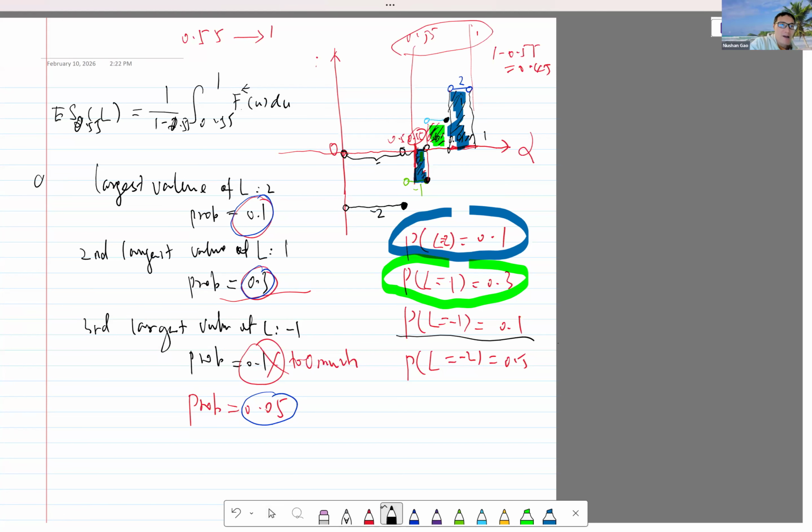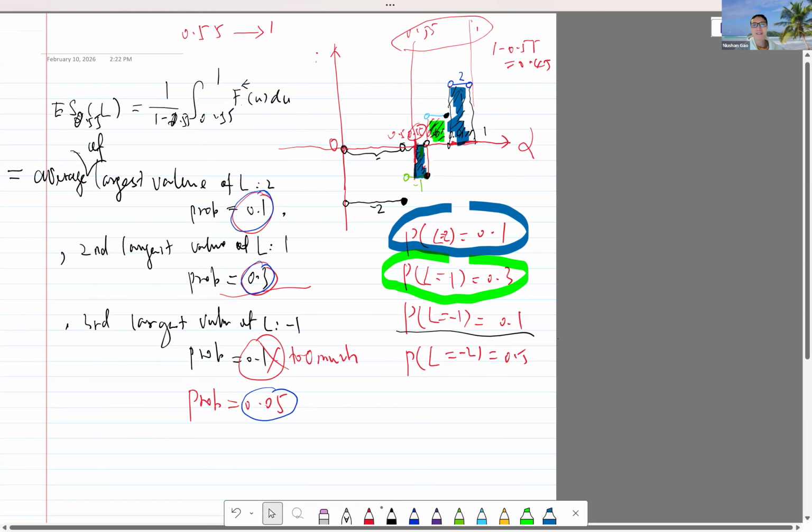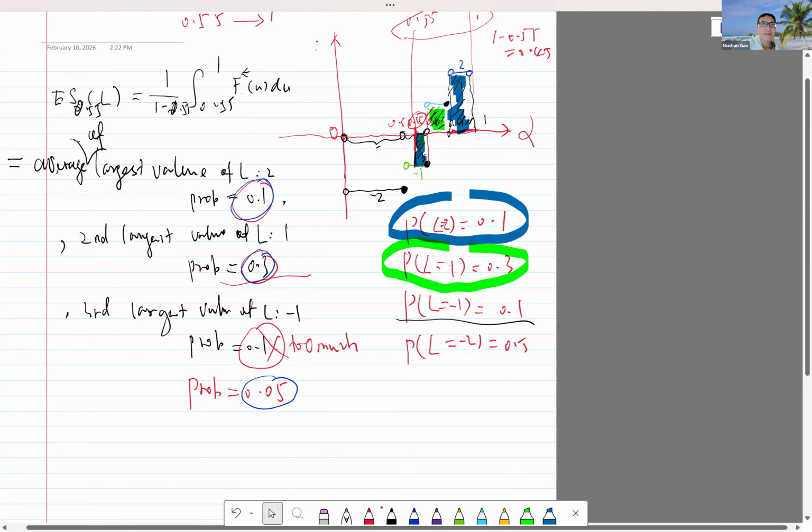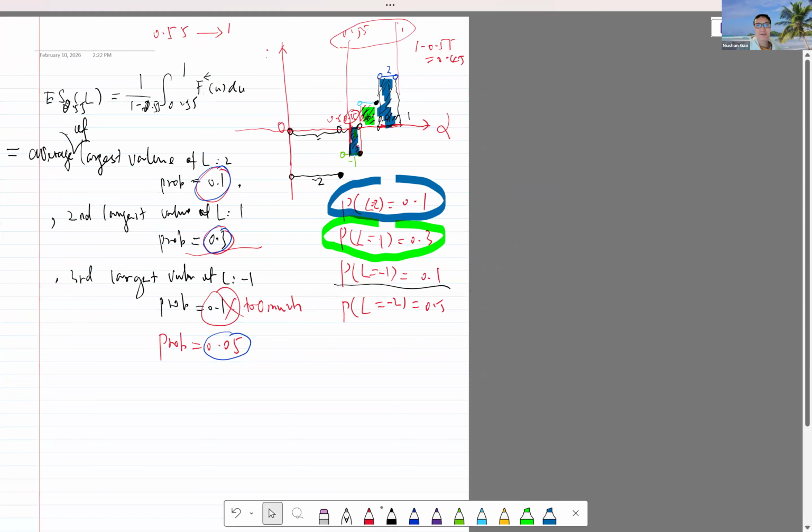It is the average of the largest value of L, which is 2 with this much probability, and the second largest value of L, which is 1 with this much probability, and the third largest value of L, which is -1, with probability 0.05.